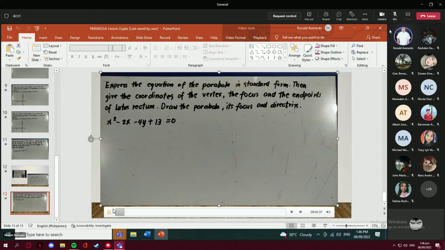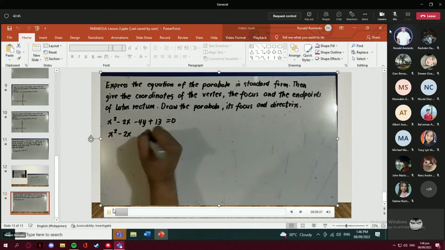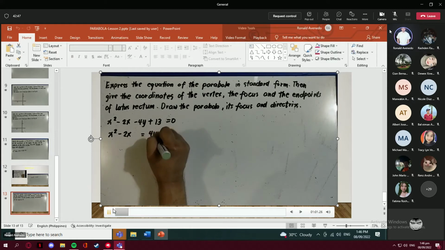So we're going to write those terms containing x on one side and the rest of the terms without x on the other side. So we will have x squared minus 2x is equal to 4y minus 13. We need to transpose negative 4y and positive 13 to the right side.